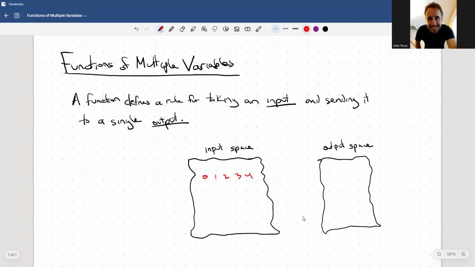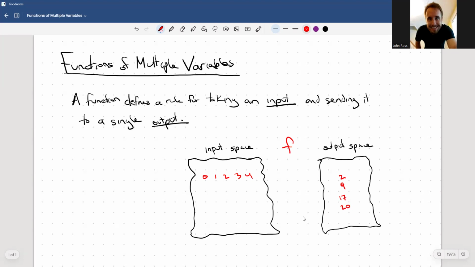But we can define our function, and I'll write the letter F for my function here in the ether, as a way to take each of these different inputs in my input space and send them to a single output in my output space. So maybe my output space has another set of numbers: 2, 4, 9, 17, and 20.